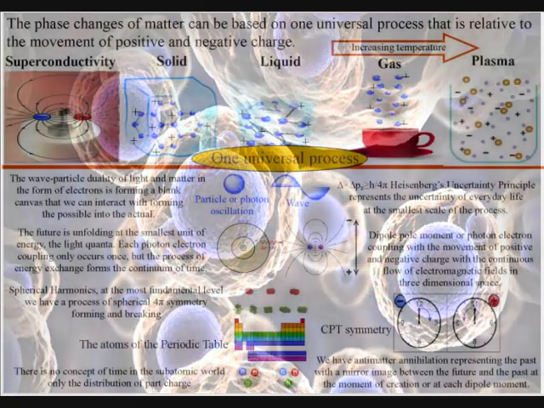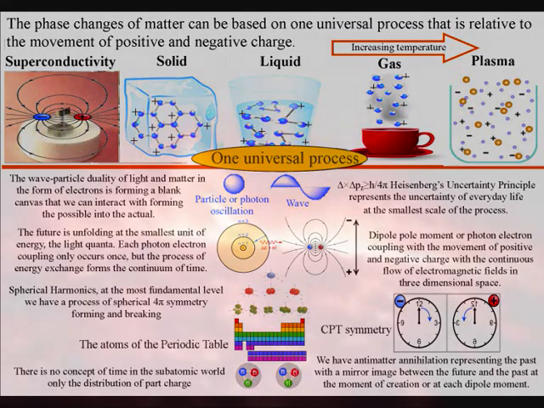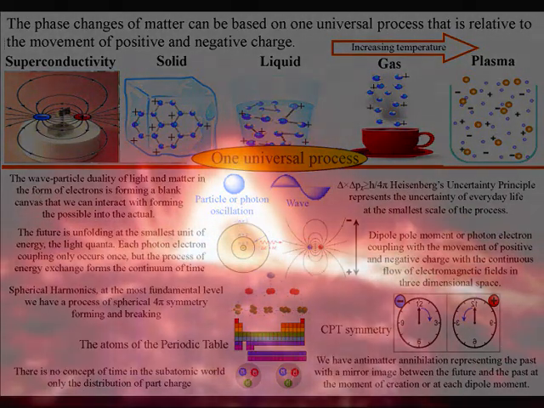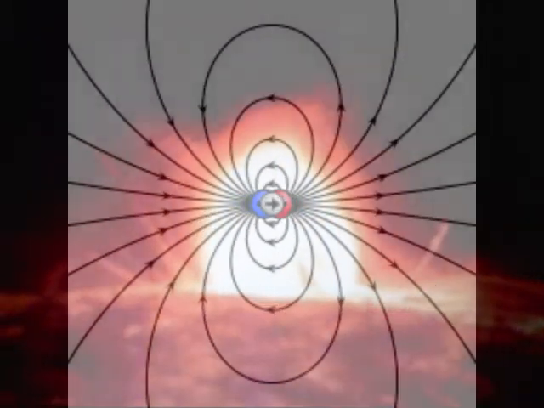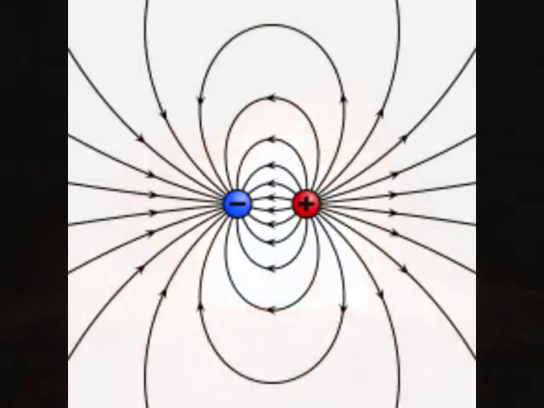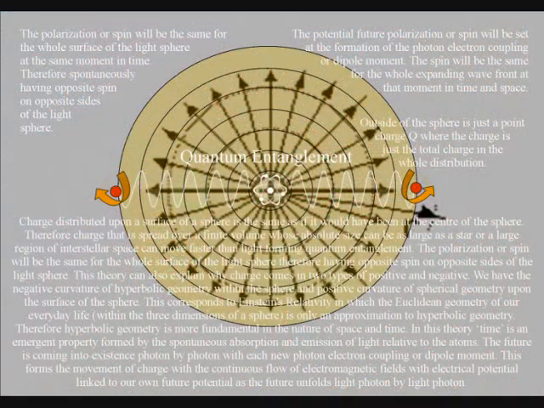At high temperature, we have a phase change of matter, with charge being able to cover a large area of interstellar space in the form of plasma. Therefore, this can be a universal process. This is explained in greater detail in my other videos.